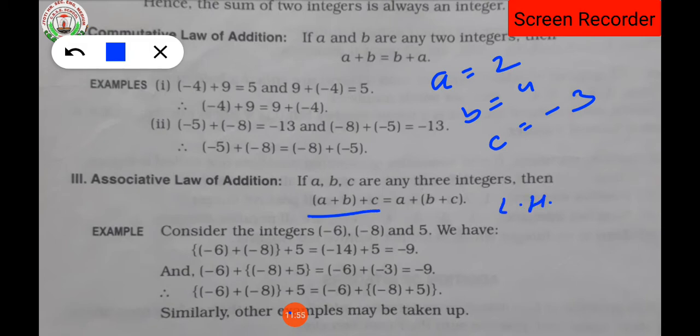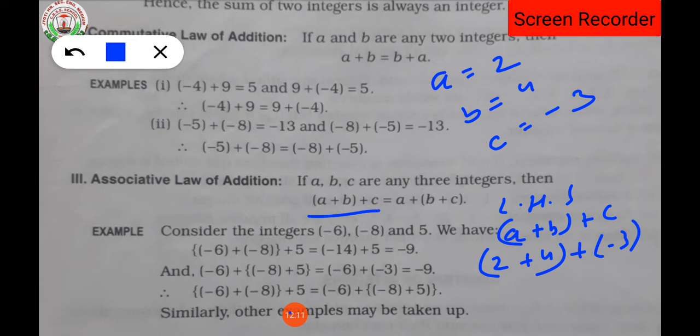So we are going to solve the left hand side first. So (a + b) + c. Substitute the value of a, that is 2, value of b is 4 and value of c is -3. Since according to the BODMAS rule, whatever is present inside the small bracket, first we have to solve that, isn't it?